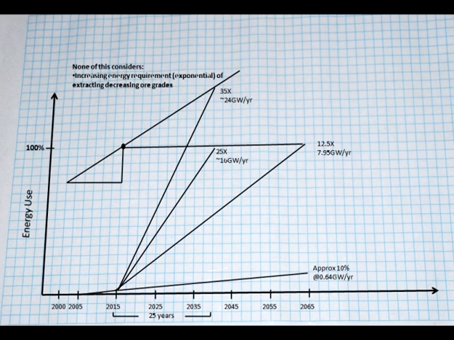The grades we are able to extract or find metal ore deposits at is decreasing, and with each decrease in the grade, it requires exponentially more energy to extract the metal. So it's likely that projection up to 2040 is an underestimate, which would mean that we'd have to build renewables even faster.